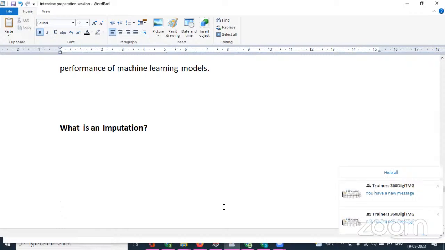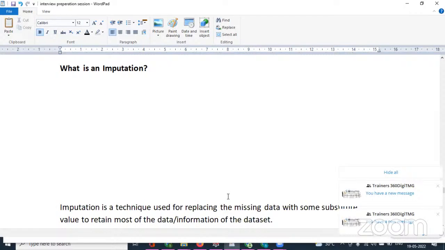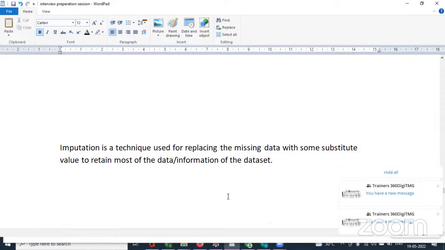Yeah, Venki, that is correct. And Vaibhav as well. For categorical data, we use mode. For numerical data, we will be using mean or median. Absolutely correct. Imputation is a technique used for replacing the missing data with some substitute value to retain most of the information of the data set.